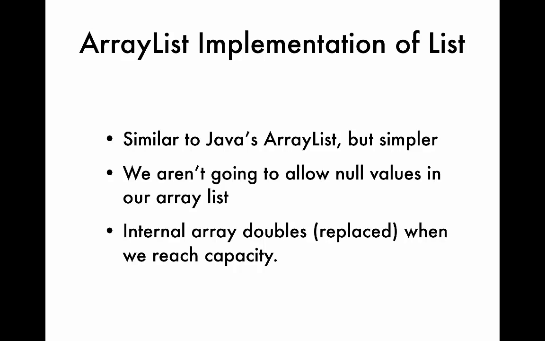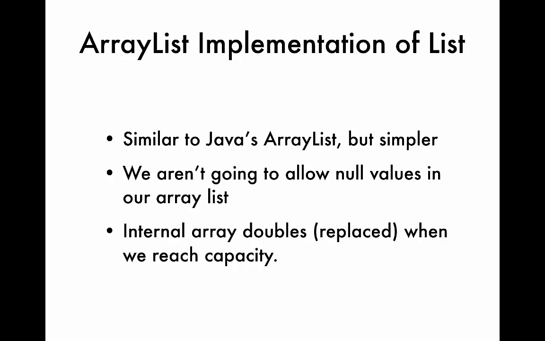One important thing that is similar to Java's ArrayList is that the list will be implemented with an internal array. Since lists can grow in size but arrays can't, we're eventually going to run out of room in our array as we add things to it. Therefore, whenever our internal array is full and someone who is using the list wants to add another element, we're going to create a brand new array that is double the size of the old array.